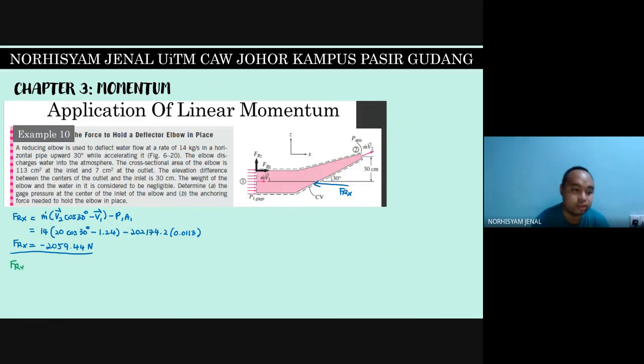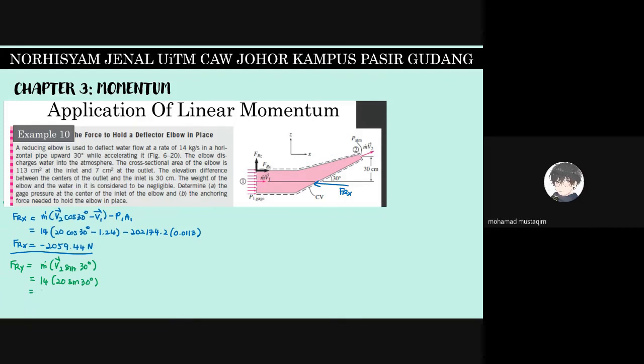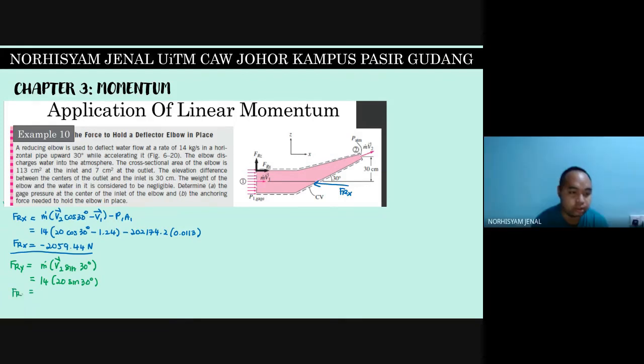So we do the second one, which is FRY. So FRY is equal to, okay, saya rasa we don't have any other things over here. So it is equal to 14, 20 sine 30. Okay, so FRY is equal to 140 Newton.